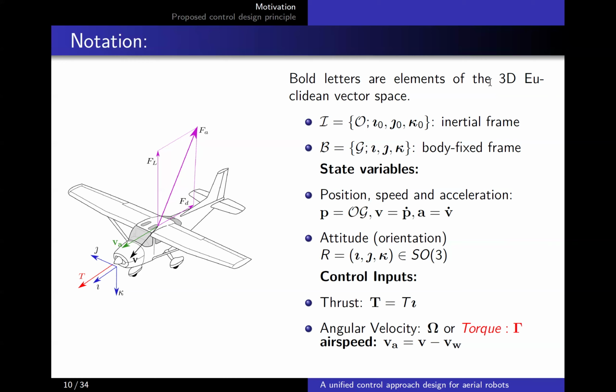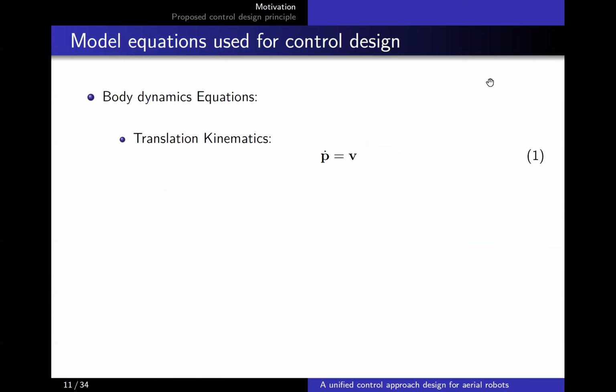The main problem should be only on the position and the orientation and the link between them. And VA is the velocity minus the velocity of the wind. So now when we look at the system modeling, I need equations, I need dynamics. The derivative of the position is the velocity. This is exact.